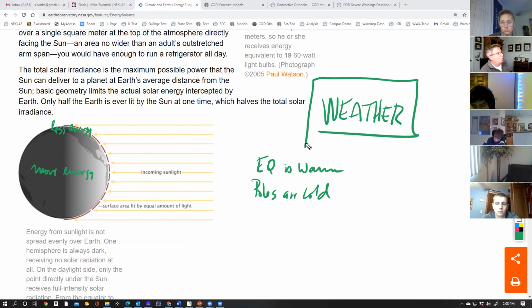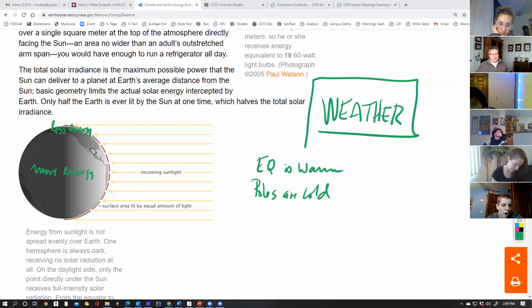If I said, what's the ultimate cause of the weather? A second grader should understand what? The equator is warm, the poles are cold. That's a second grade answer. A more sophisticated answer is the sun's energy is more intense at the equatorial regions and less intense at the poles.